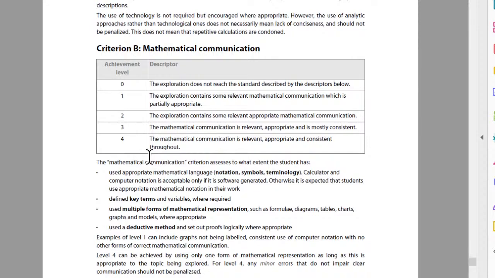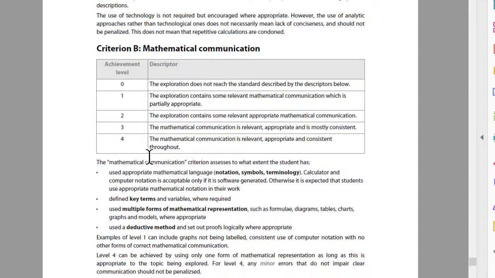Criterion B, mathematical communication. Some of the errors we're looking at were that the equations were getting too long and weren't fitting in one line. But overall, the equations were understandable, and there was one case where a capital D with a subscript, lowercase, was changed to a delta with a subscript or a lowercase d with a subscript.